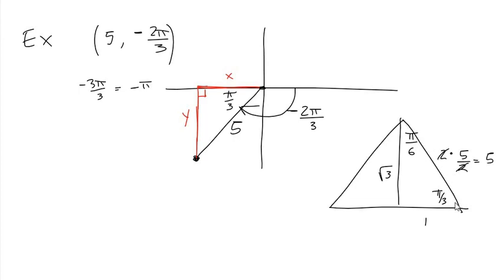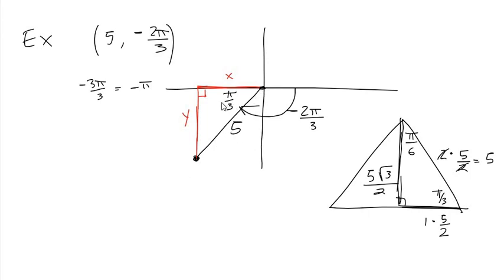So if I multiply this side length by 5 over 2, I need to multiply all the other side lengths by 5 over 2. So this leg down here becomes 5 halves, and this leg is 5 root 3 over 2. So I took my regular 30-60-90, multiplied all the side lengths by 5 halves. I needed to do that because I needed a hypotenuse that was 5 units long.